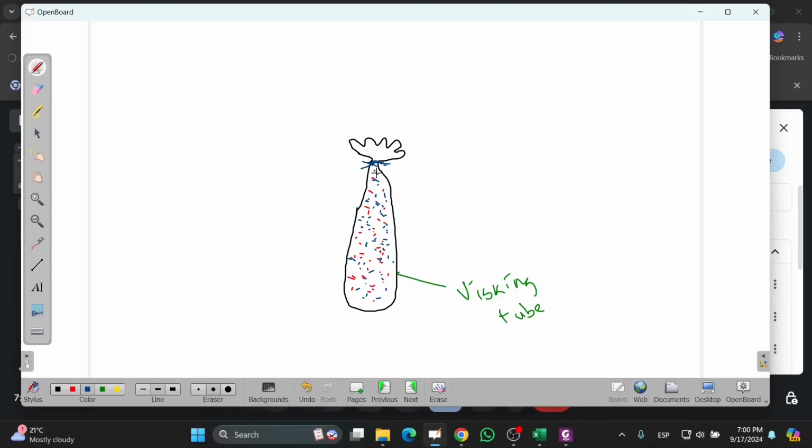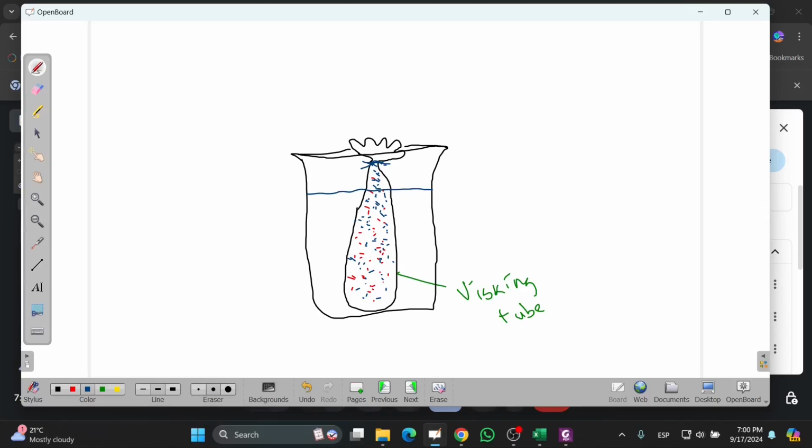Remember, it has very, very tiny pores. Now what we are going to do to demonstrate how osmosis takes place is that we are going to put that Visking tube into a beaker with some pure water in it.